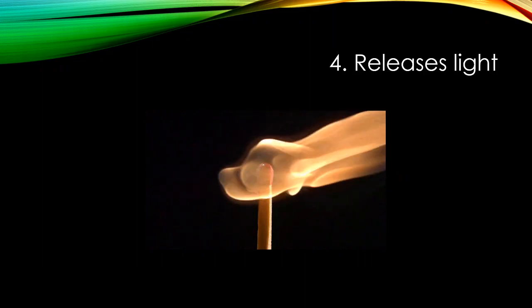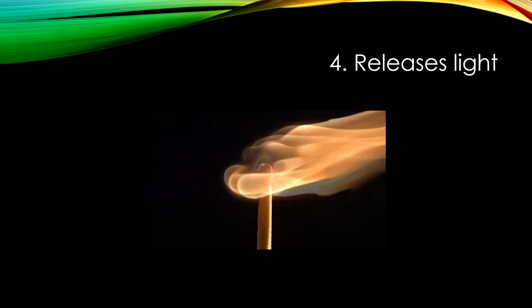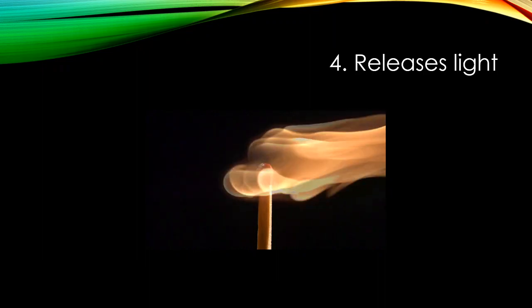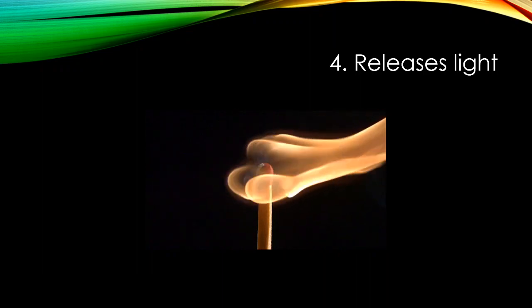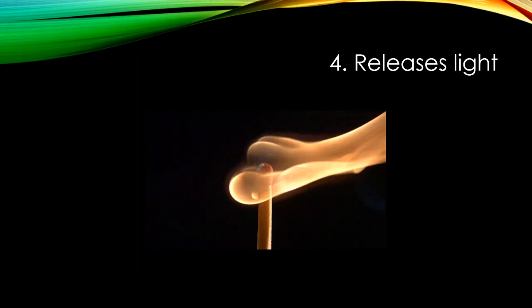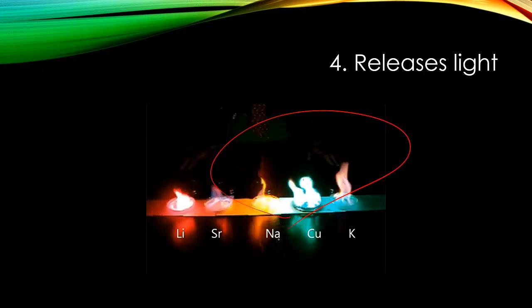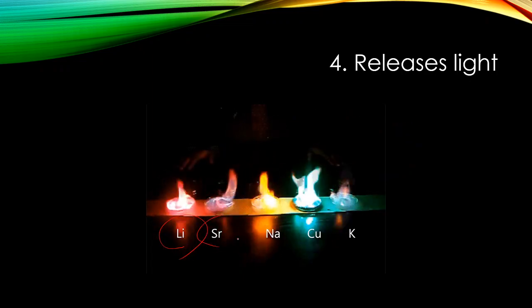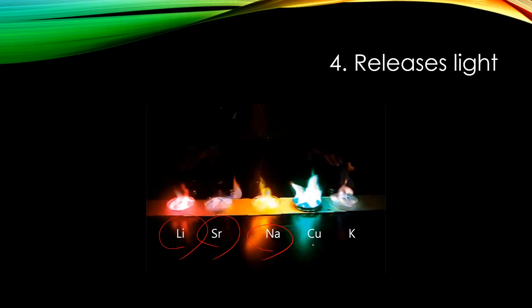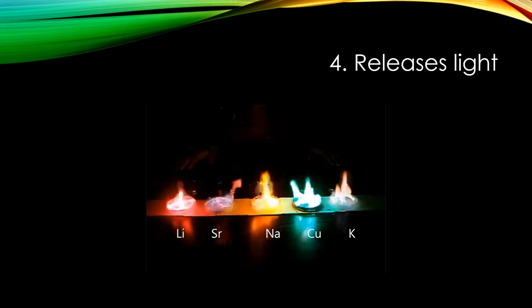One of the really cool demonstrations that chemistry teachers do sometimes that I would love to do in person, but I don't think we can do that, is you guys may or may not know that if you burn different substances, the fire that you can create sometimes is different colors. Most fire you see is this orange color here, but if you burn things like lithium, or I think that's strontium, that's sodium, this one's copper, I think, and that's potassium, you can create fire that's different colors.